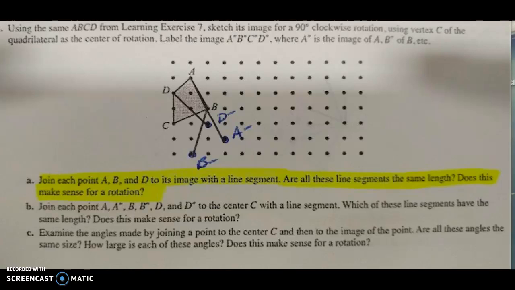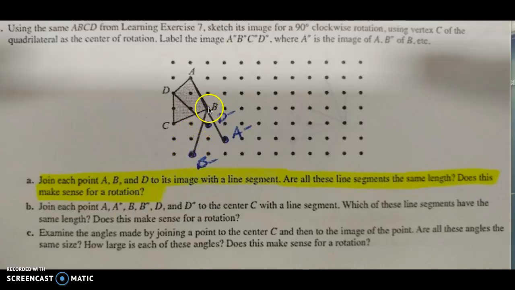In part A, it says join each point A, B, and D to its image with a line segment, and asks, are all of these line segments the same length? Does this make sense? So here is D, and I drew a line segment to D prime. And here's B and a line segment to B prime.